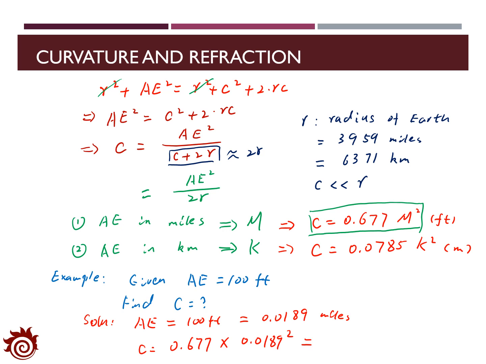The result is 0.00024 feet. Compared with the length of the distance from A to E, this error can almost be neglected. Usually the curvature error is very small.